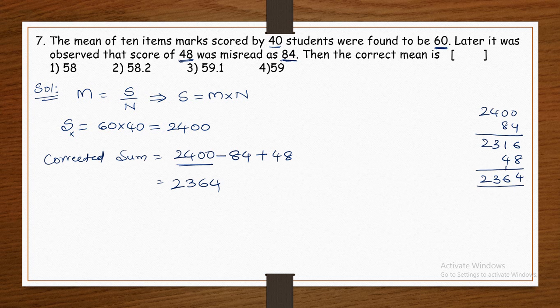Now since we got the corrected sum, we will be getting the correct mean now. So the correct mean is given by corrected sum, 2364, divided by, here this particular observation is replaced, right? So replaced means the number of observations will not change.